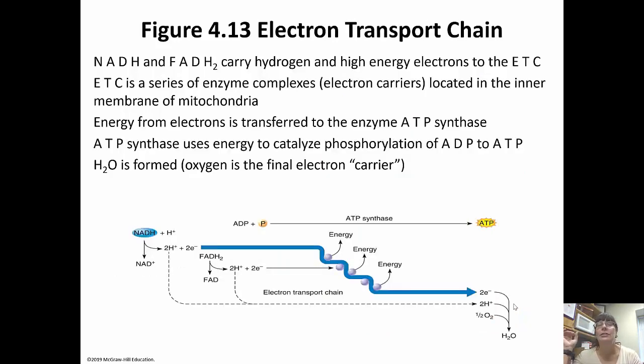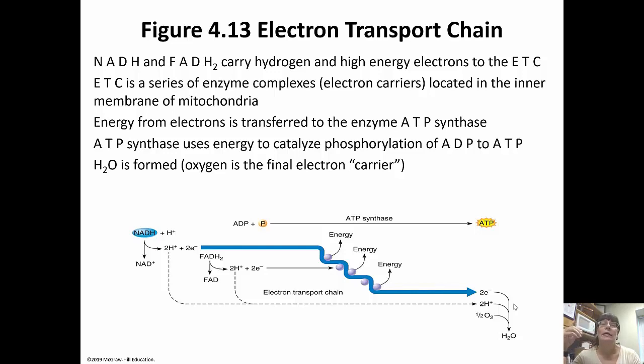NADH and FADH2 are going to carry the hydrogen and the high energy electrons to the electron transport chain. Now, the electron transport chain is just a series of enzyme complexes on the inner membrane of the mitochondria. So the energy from the electrons is going to transfer to the enzyme ATP synthase. ATP synthase, if you look at the name, it's an enzyme, and it's the enzyme that synthesizes ATP.